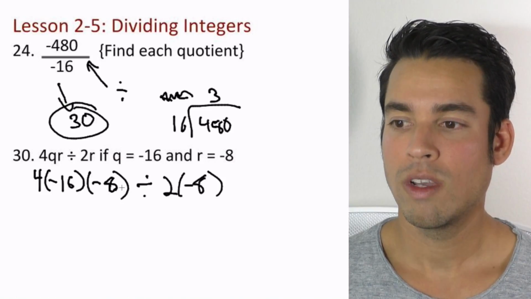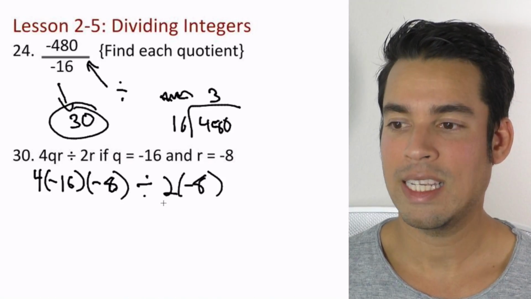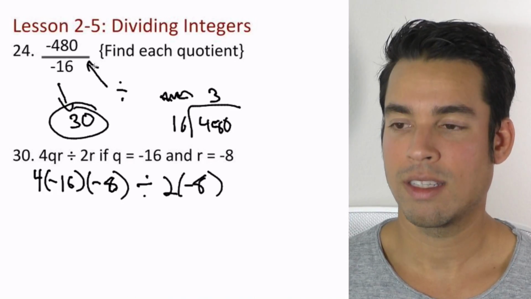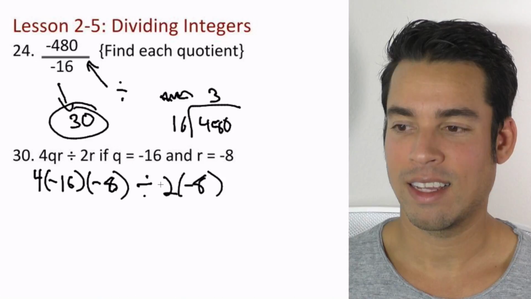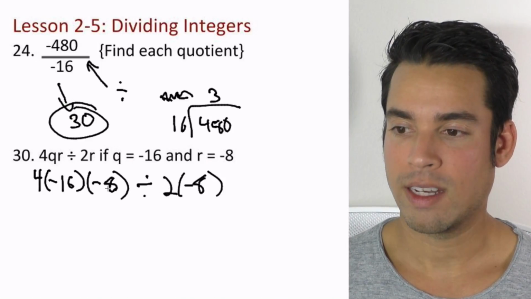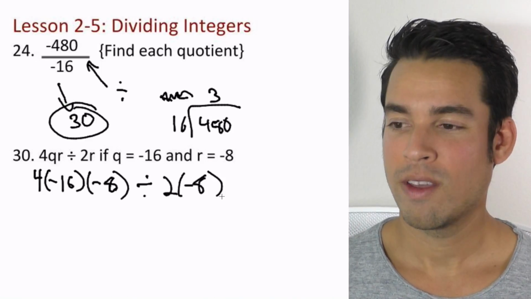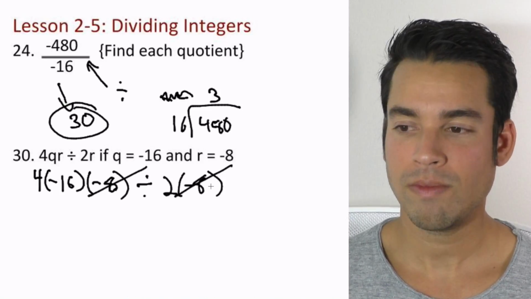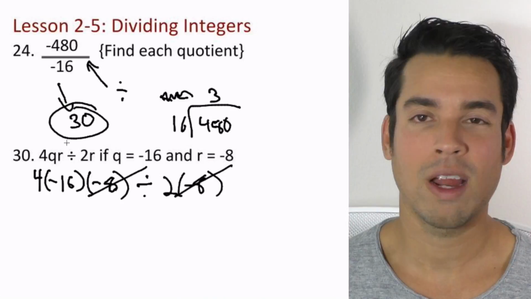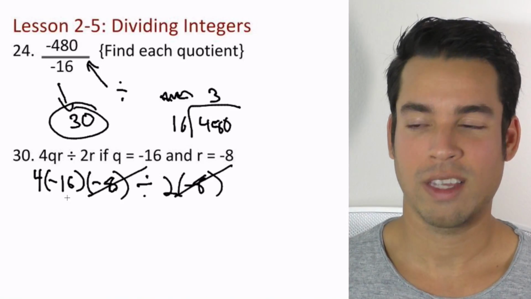So let's go ahead and do this. And we can even, just like up here I said, this fraction symbol is like a division symbol. Down here we can look at it in the same way. We've got a negative 8 in the numerator, a negative 8 in the denominator. Those guys cancel out. We don't have to worry about those, right? Just like in a fraction, the common numbers cancel out.